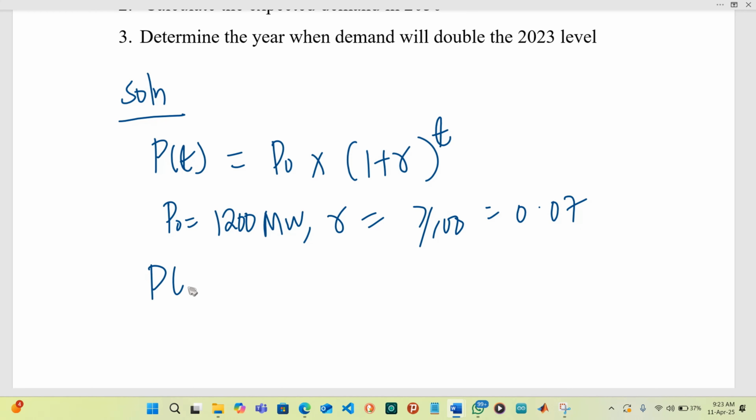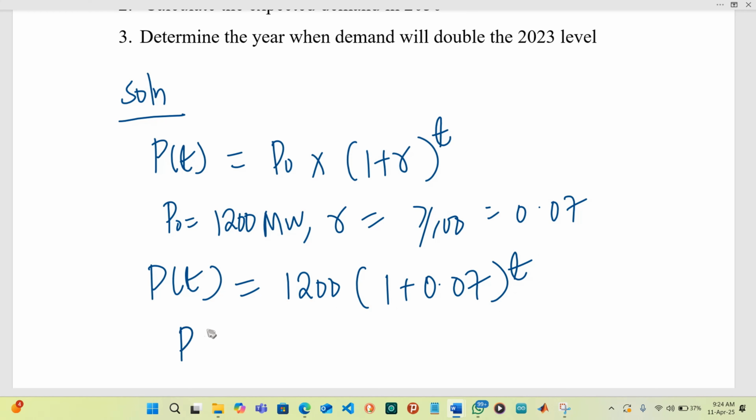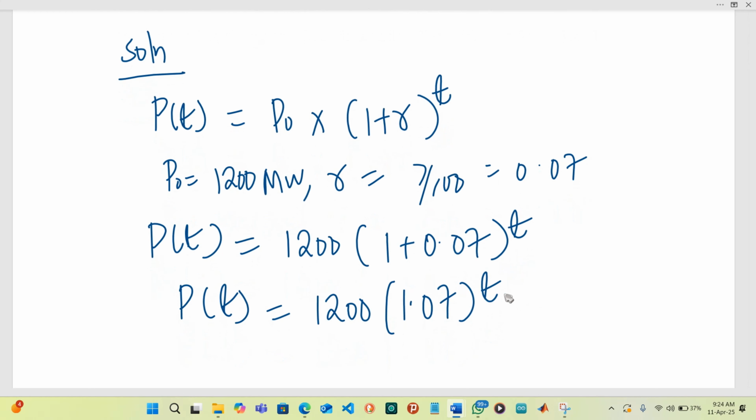Therefore, the formula to do this prediction is 1,200 into (1 + 0.07) to the power t. And therefore, the formula becomes P(t) = 1,200 into 1.07 to the power t. So this is the formula that was required of us. That is number 1.